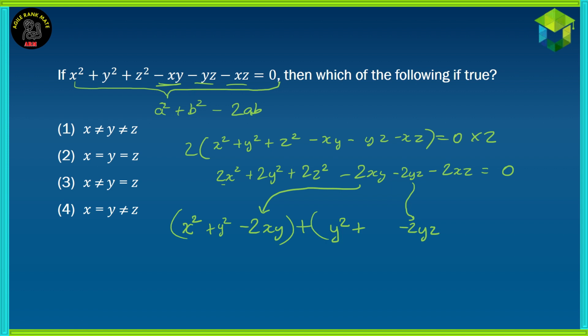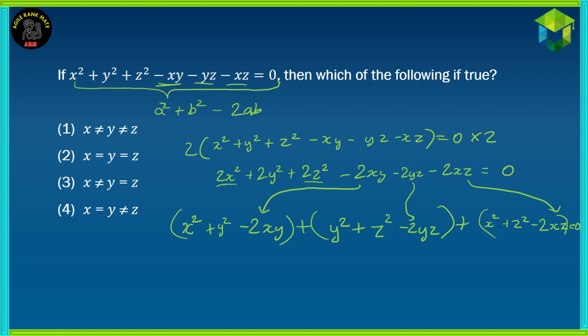If we take one of the z squared, there will be z squared left, and we get y squared plus z squared minus 2yz. And that's the second equation. The third equation must end with 2xz, and the remaining variables would be x squared and z squared. So we have x squared plus z squared minus 2xz is equal to 0.